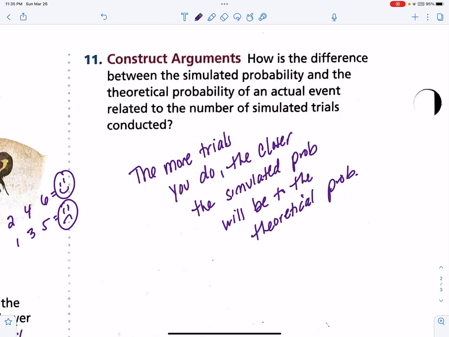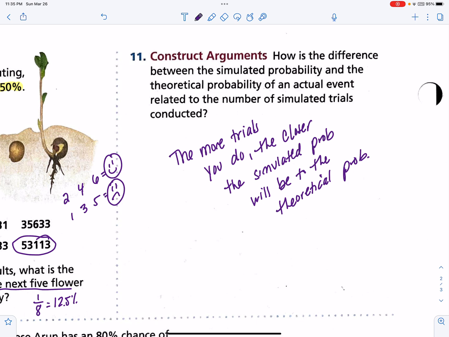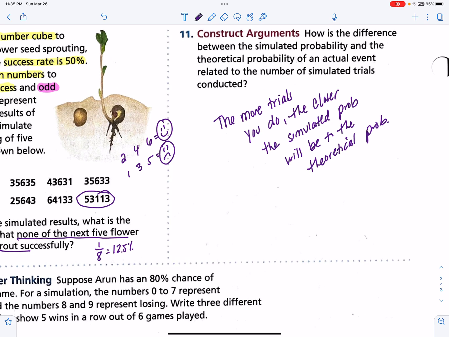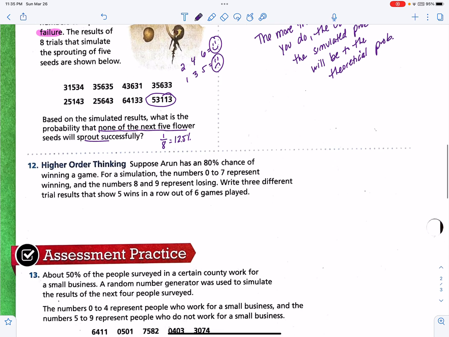Okay. And we could say that with the word experimental probability as well. The more trials we do, the closer the experimental probability will be to the theoretical.